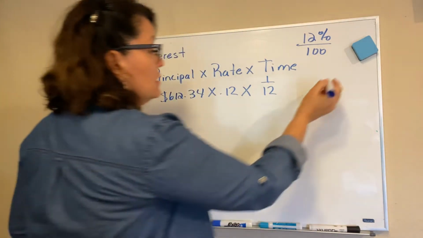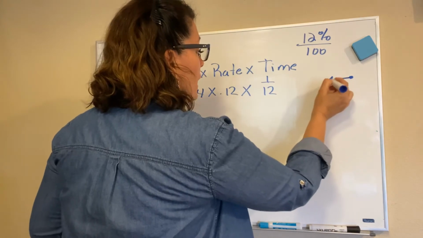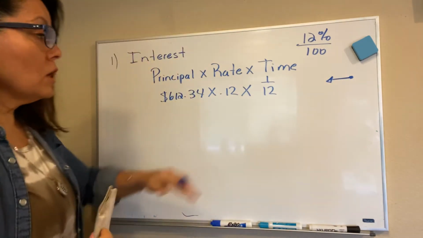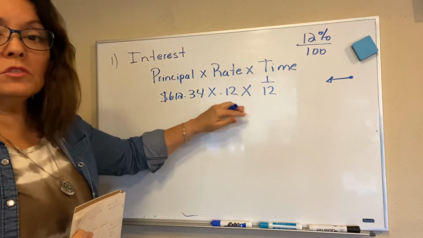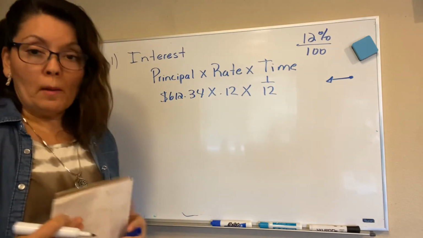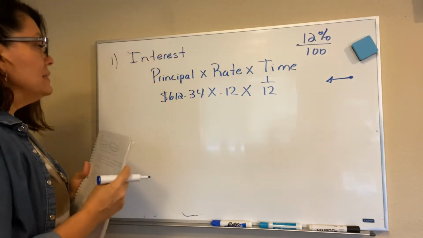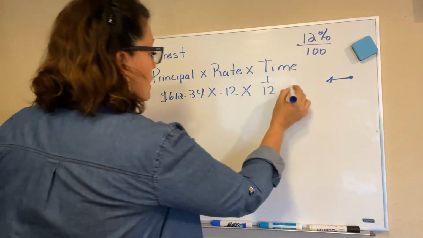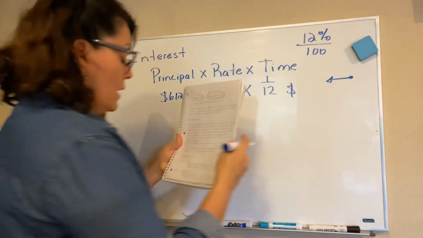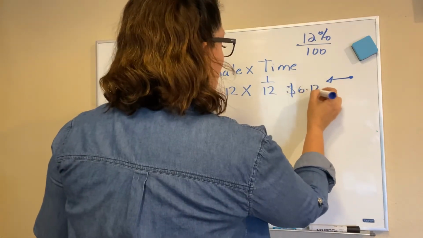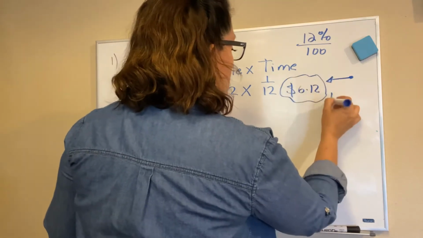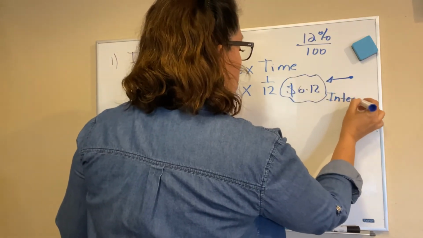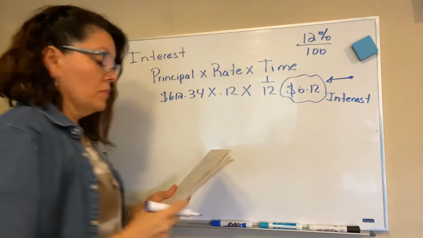Exactly. If it is a division, I'm going to start from the right to my left. So I'm going to do the division, then multiplication, and then another multiplication. So at the end, my interest is going to be $6.12. That is the interest for that month.